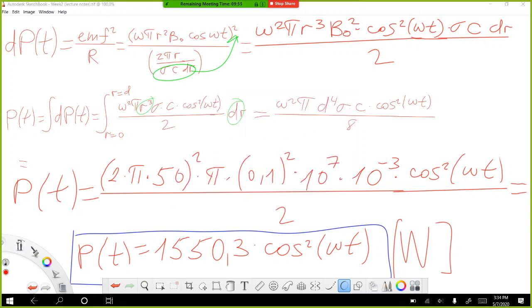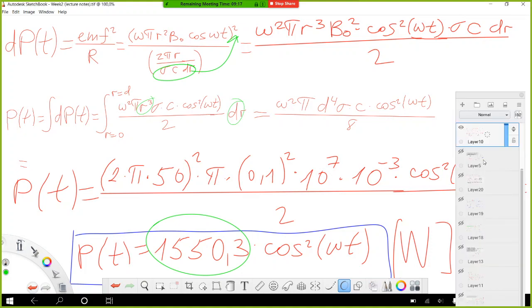As you can see, the peak value is 1.5 kilowatts. For the dimensions of the disk, the power dissipated is quite large, and this leads to quick heating of the material of the disk.